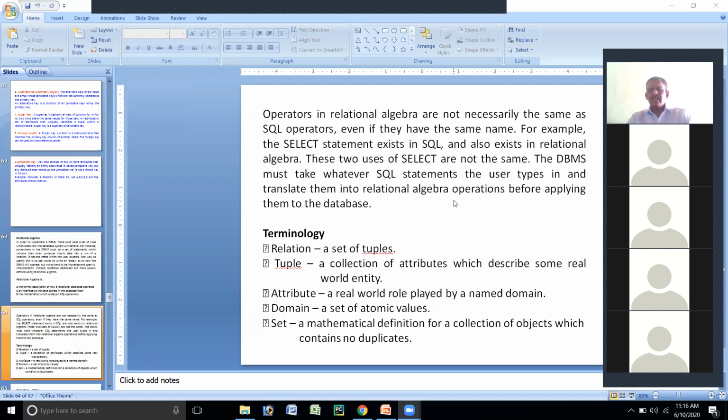A collection of attributes which describe some real world entity is called a tuple.